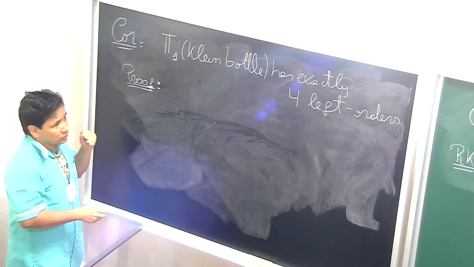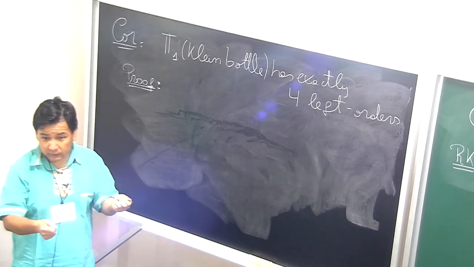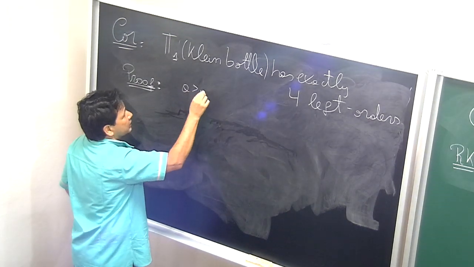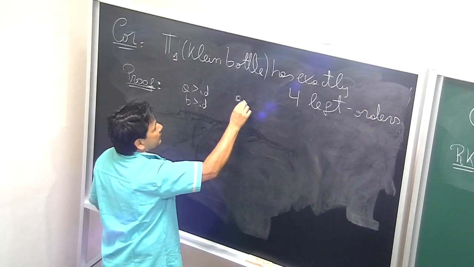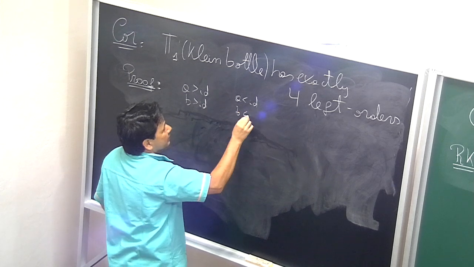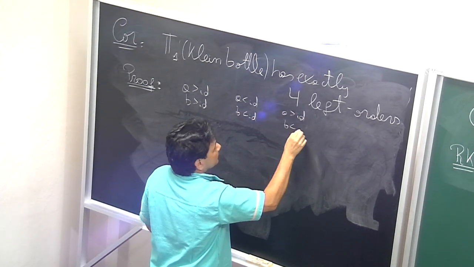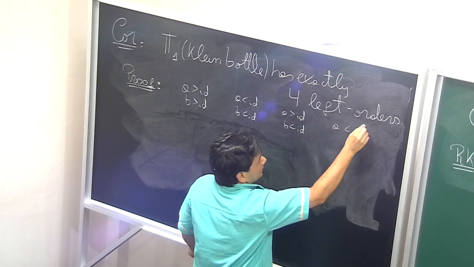is quite easy. So you take A and B. There are 4 possibilities, of course. You may have A positive and B positive. You may have A negative and B negative. A positive and B negative, A negative and B positive.